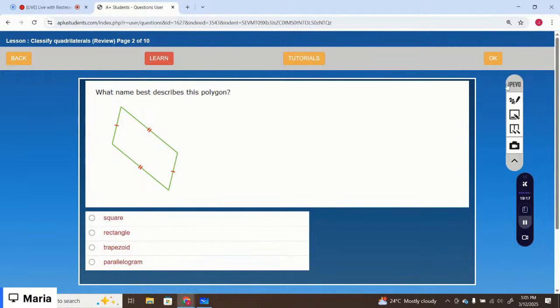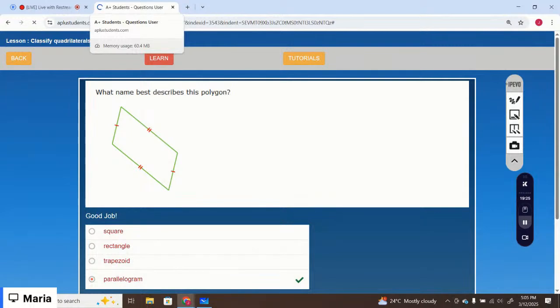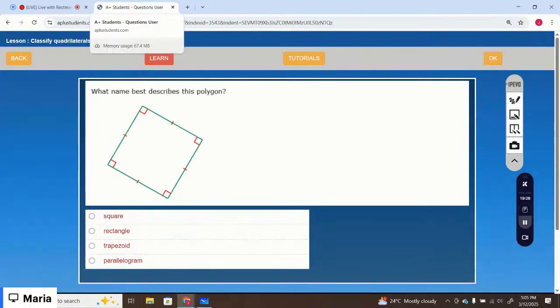That is a parallelogram. Option number four is the correct option. Parallelogram it is. What name best describes this polygon? Square it is. Option number one is the correct option.